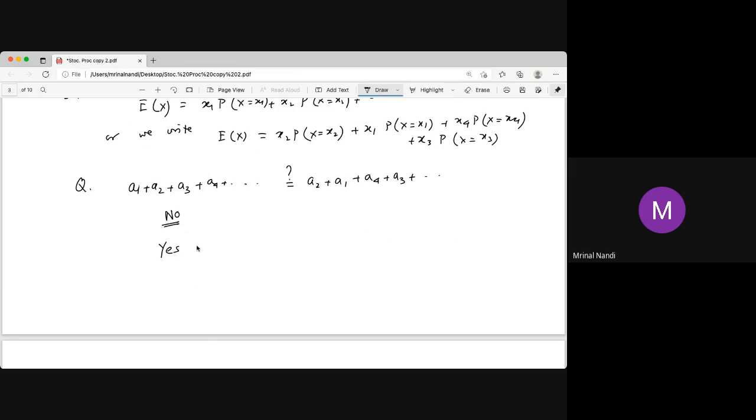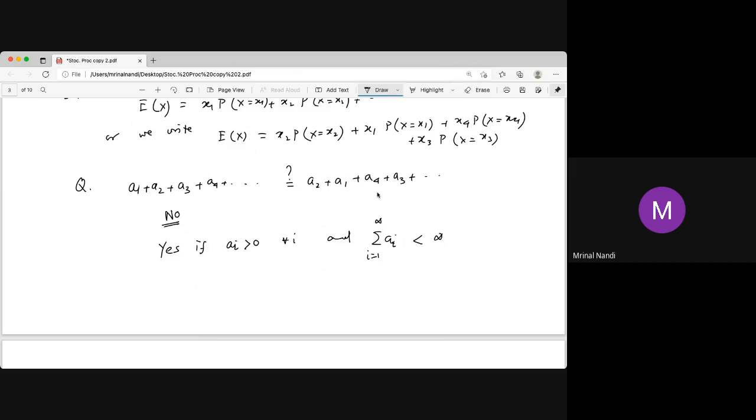Yes, if all terms are positive, and the series is converged, meaning the sum of the ai is finite, then it is true that if you rearrange the terms, the sum will not be affected.